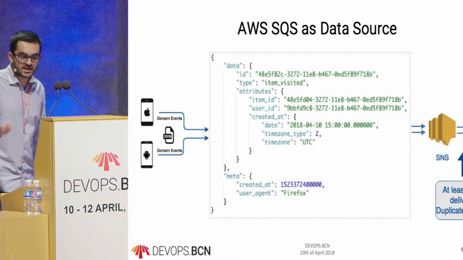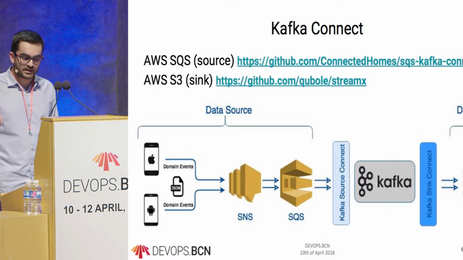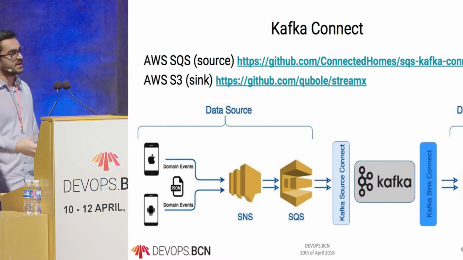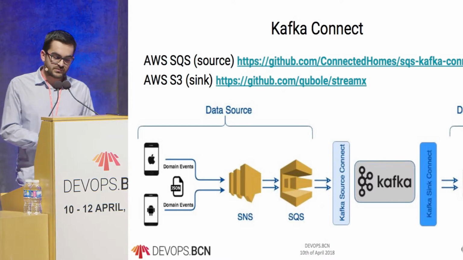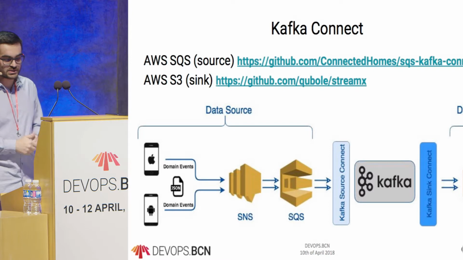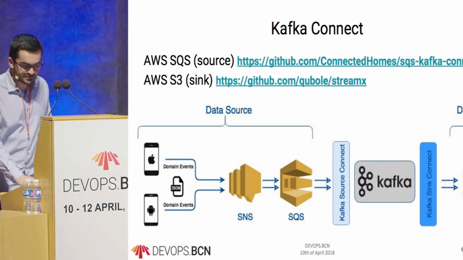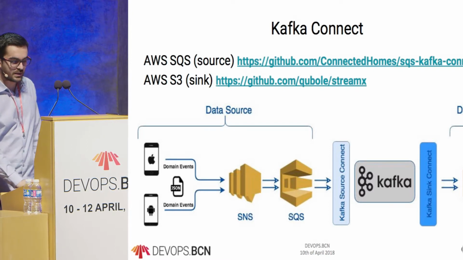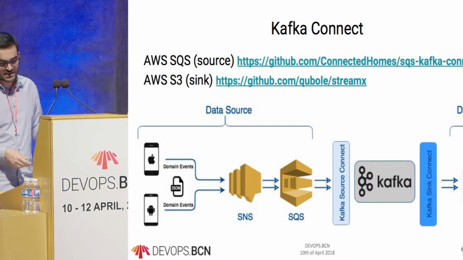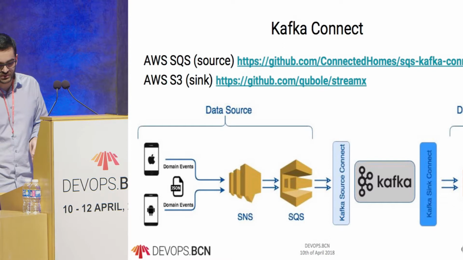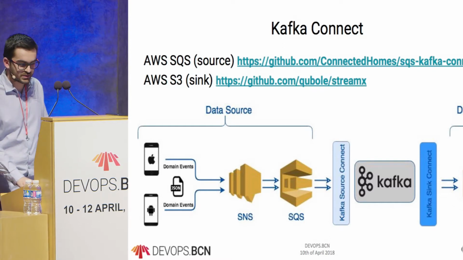So I'm using this Kafka Connect for SQS. You can download it and use it. For S3, I'm using this sink connector, which is from Qubole Streamx. Basically, I will have one source connector, which will read data from this SQS right into Kafka, and then it will just export it to S3.